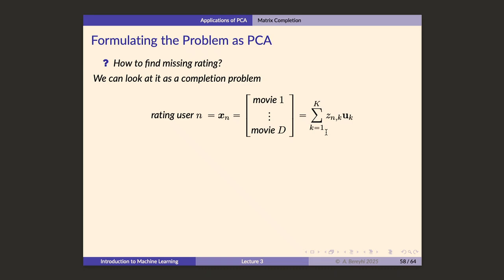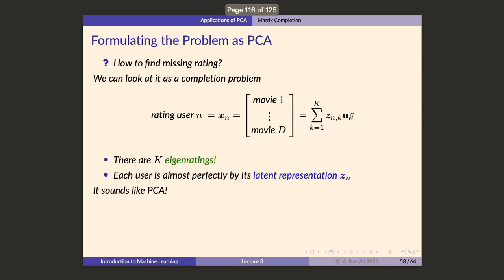And if you do know those eigenbehaviors, those U vectors, then everybody who is rating is going to do a superposition of those ratings, right? So I am interested, for instance, in comedy and documentary. So it's going to be the superposition of those two with some weights, right?